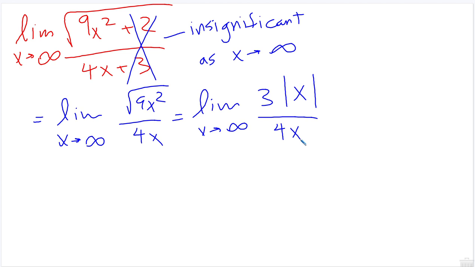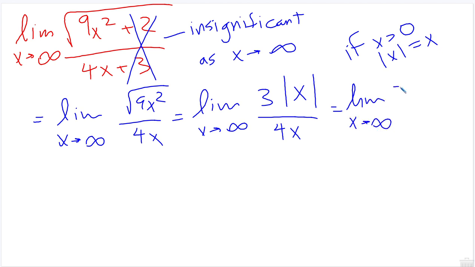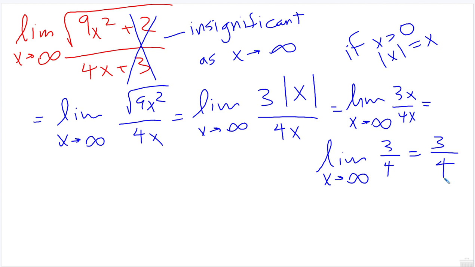And since x is approaching infinity, x is greater than 0, so the absolute value of x is just x. So this just becomes the limit as x approaches infinity of 3x over 4x, which is just the limit as x approaches infinity of 3/4 when you simplify the x's, which is just 3/4.